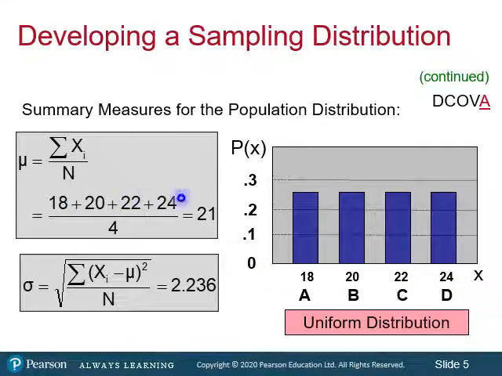When you total them up and divide by N, which is 4, you will get a mean value of 21. Next, the standard deviation is given by this formula, the summation of xi's minus mu, which is 21, squared, and then divided by N. Finally, you take the square root of this value, and you get the standard deviation, which is 2.236.